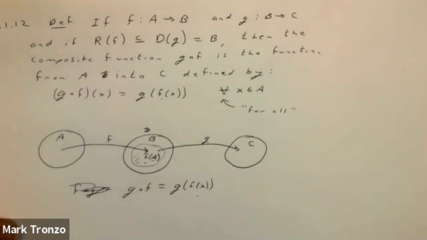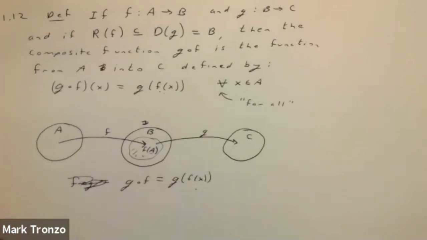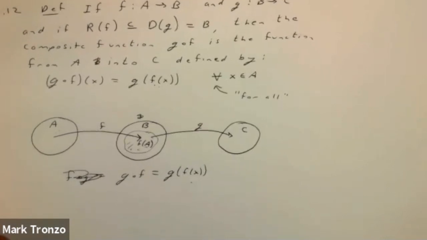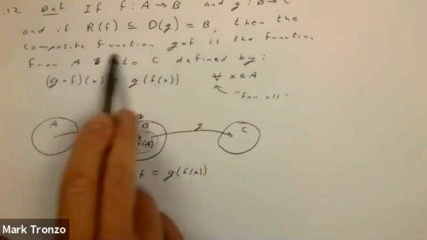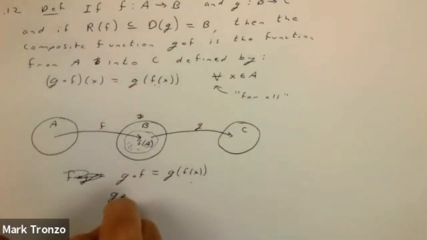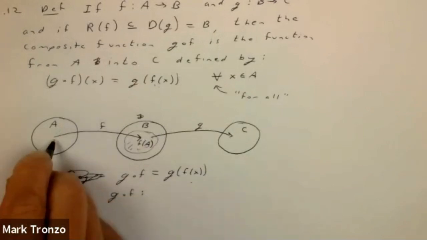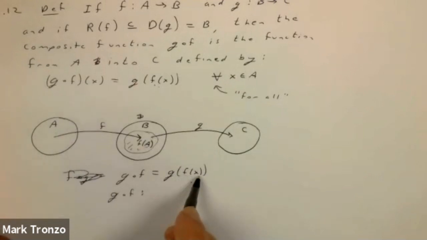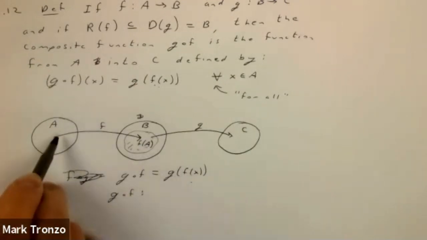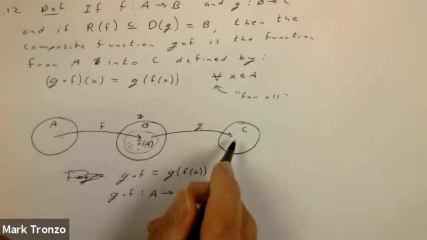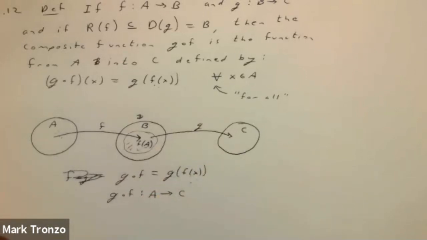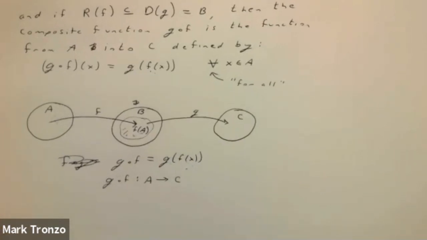So that's what this is saying up here: the composite function g circle f is a function that takes something from the set A, because we're actually just putting in x's from this set A. Then it's going to take them from A and eventually map them over into C, like that. So that's actually what the composite function looks like.